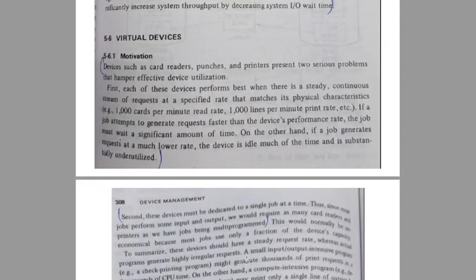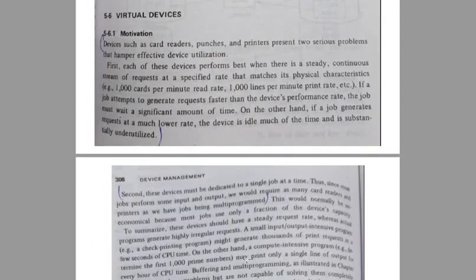Next, virtual devices. Normally, devices such as card readers, punches and printers present two serious problems that hamper device utilization. First, each device performs best when there is a steady continuous stream of requests at a specified rate.